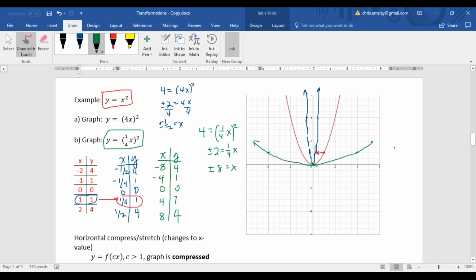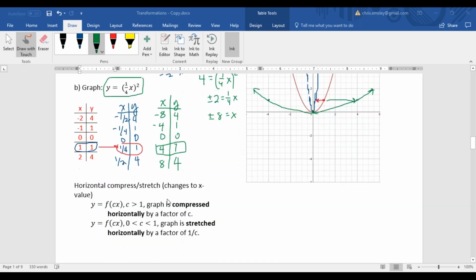And what you can see here is we get a very wide open parabola. Again, look at that corresponding point. This point that started at 1, 1 is now stretched over to the point 4, 1. So this one, instead of squeezing in, the first one was a horizontal compression. This is called a horizontal stretch.